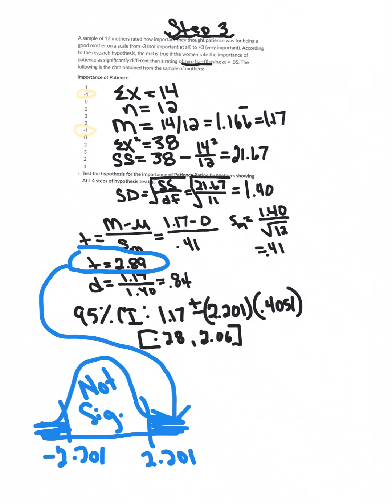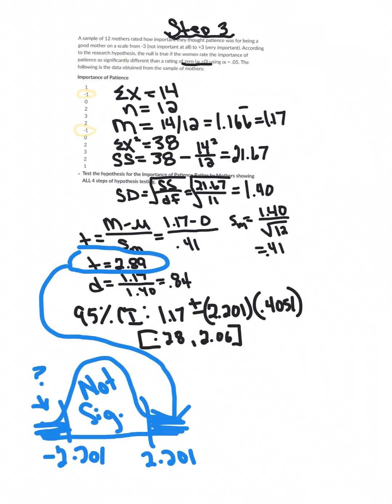And this tells us that our 12 mothers rated the importance of patience as significantly higher than 0. So this really makes sense. If it were on this other end over here, it would be saying that they rated it as significantly less important than 0, which is the opposite meaning of what it really is.